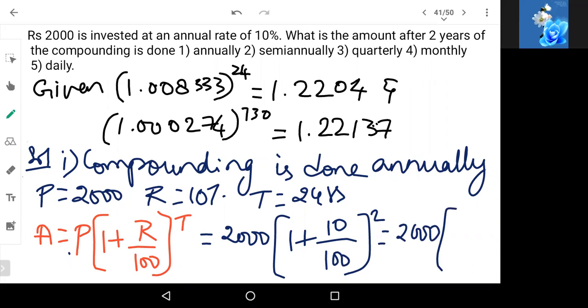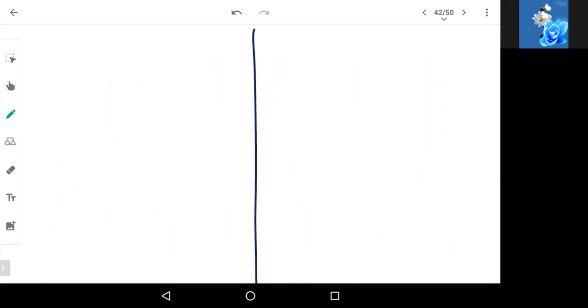2000 into 1 plus 0.1 to the power 2. 10 by 100 is 0.1, correct? 0.1, to the power 2.